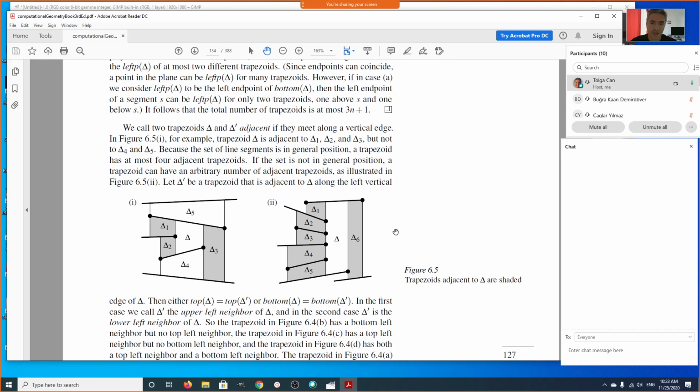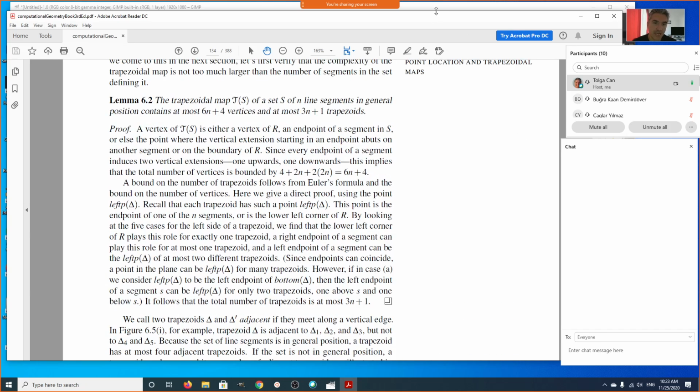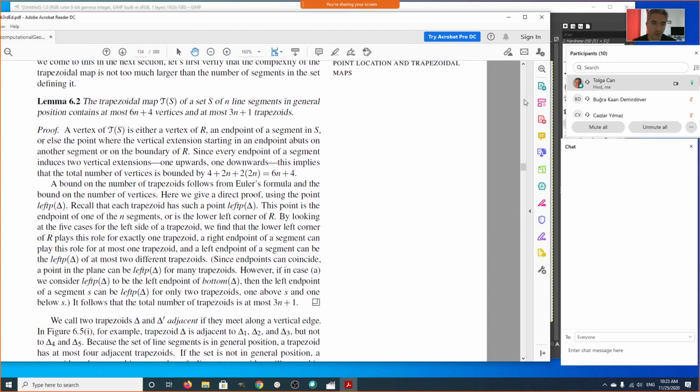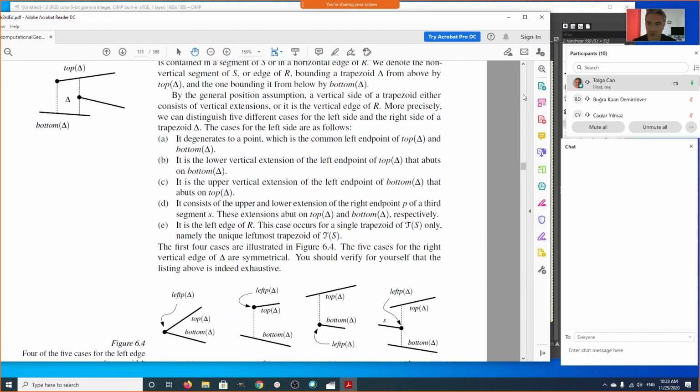So just know that it's possible to get rid of this constraint. I mean, given the points are in general position, no two vertices will have the same x coordinate. And with that information, this lemma is going to be true.